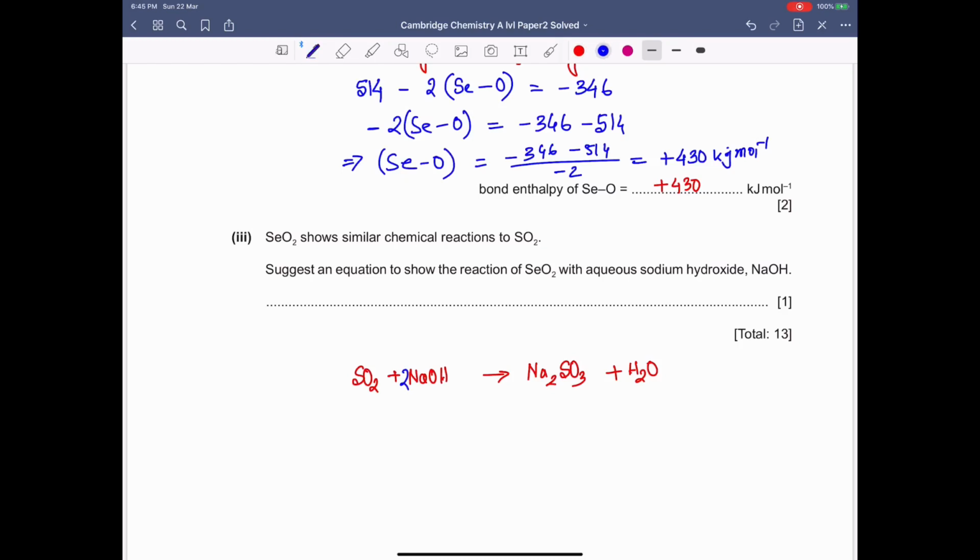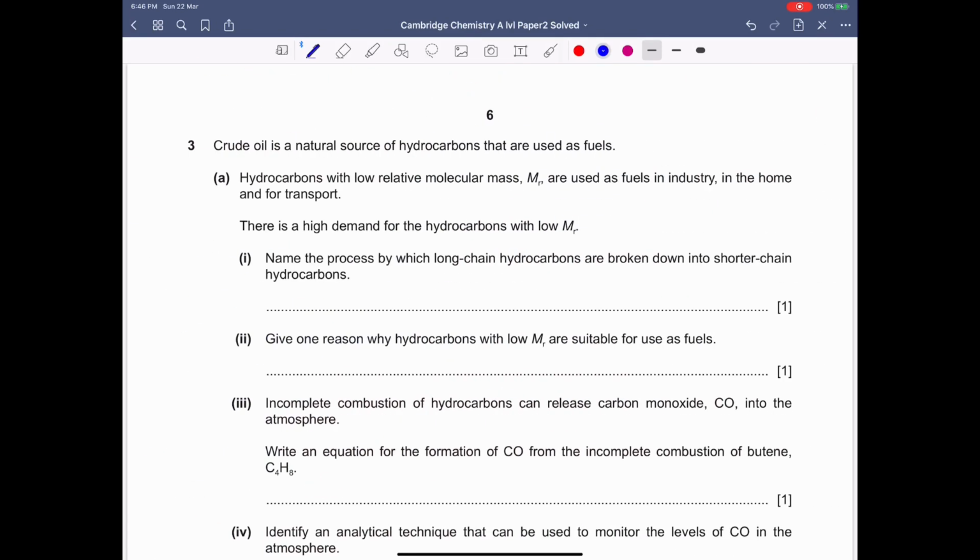Alright, 2 sodium on the right, 2 sodium on the left, 1 sulfur, 3, 4 oxygen on the right, 4 oxygen on the left. This equation is balanced. So the same equation when repeated for SeO2, SeO2 plus 2 NaOH, the product would be Na2SeO3 plus water.